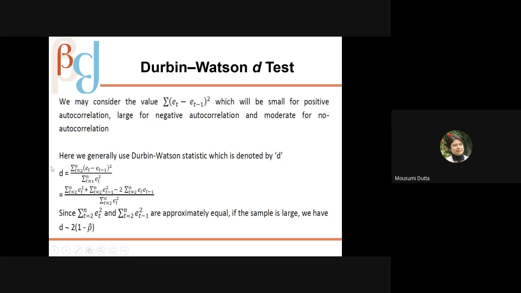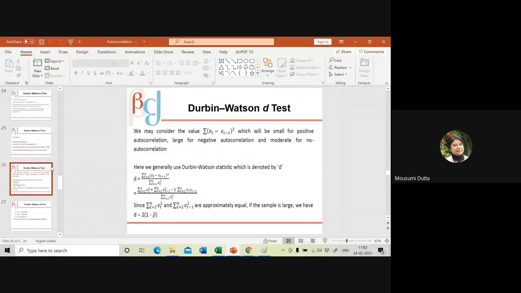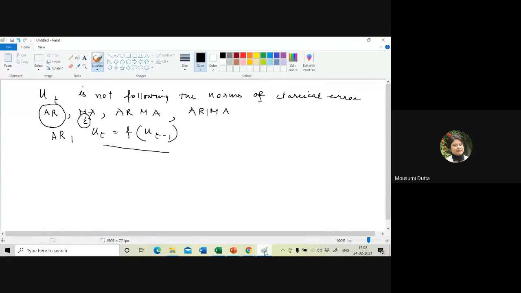e_t square. Okay, and concentrate on this product. If this is positive, in that case, this part will be subtracted from this part.